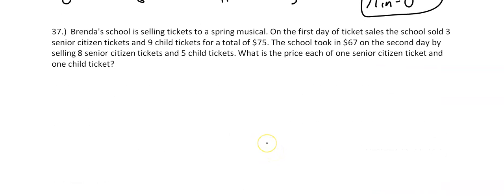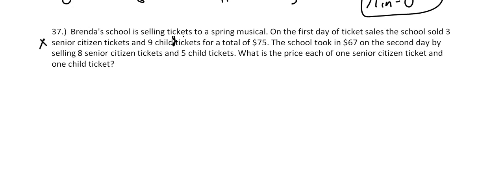This one, Brenda's school is selling tickets to a spring musical. On the first day of ticket sales, the school sold 3 senior citizen tickets and 9 child tickets for $75. The next day, it was $67 they collected, but 8 senior tickets and 5 child tickets. And we want to know how much does each type of ticket cost. So what I'm going to do is for the senior tickets, I'm going to do X, and for the child tickets, I'm going to do Y. I always pick the simple variables like X and Y. S is not a good variable here.